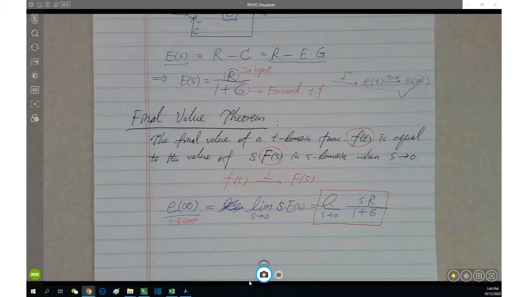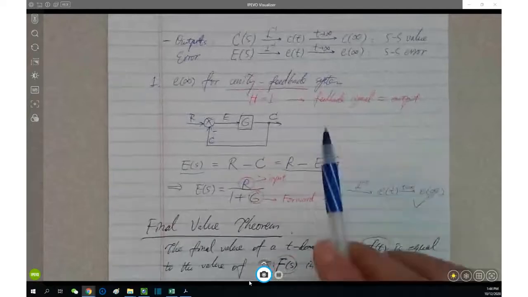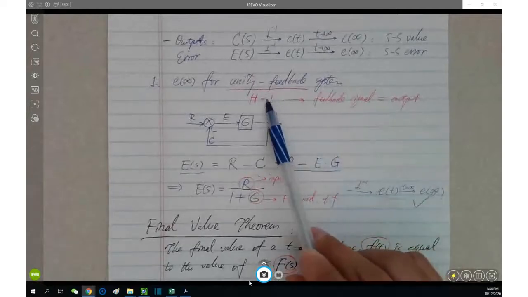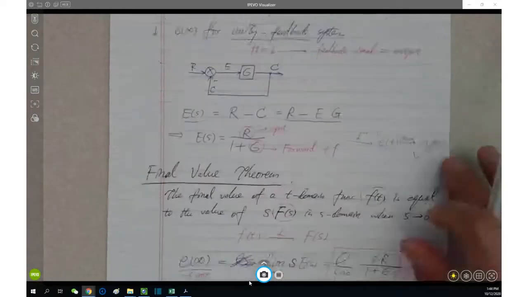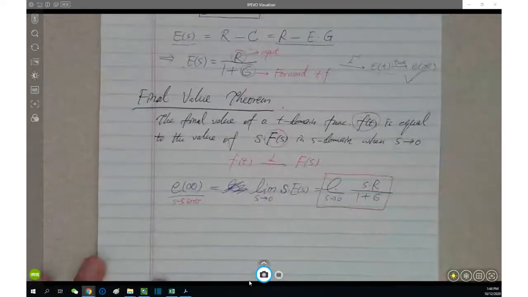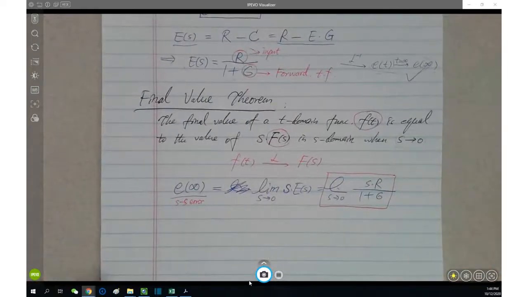That is the steady state error here. Of course, here it is not in terms of H at all, because H is equal to 1. Now we are talking about a unity feedback system, and unity feedback system only. This is the result, and that's the formula for it.